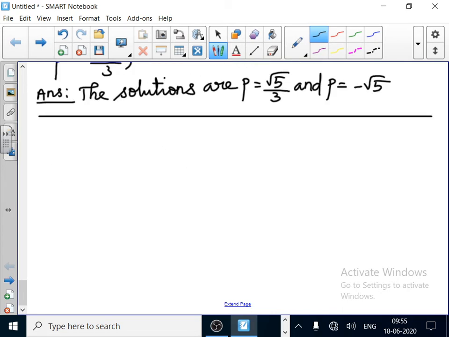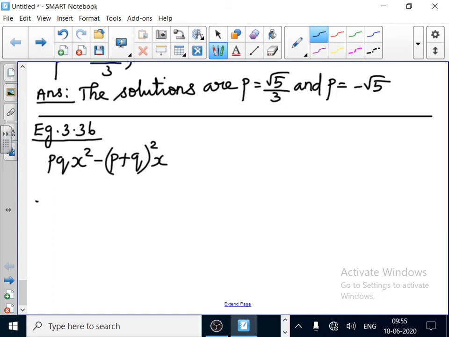Now example 3.36. Solve. It is also given as solve: pq x square minus (p plus q) whole square into x plus (p plus q) whole square equal to 0.